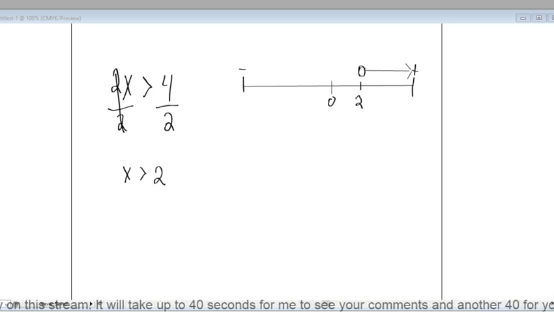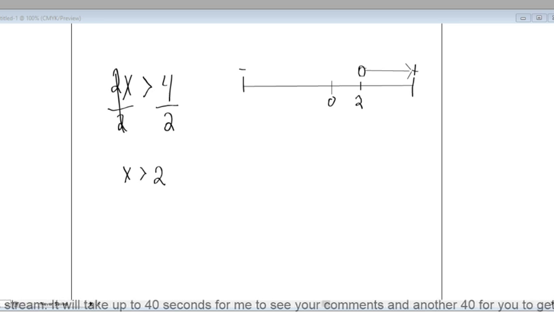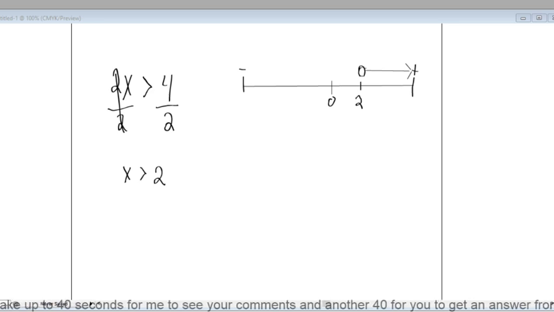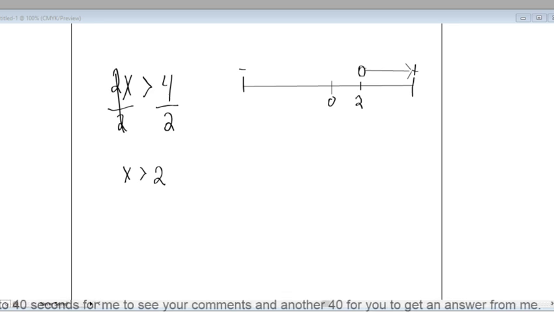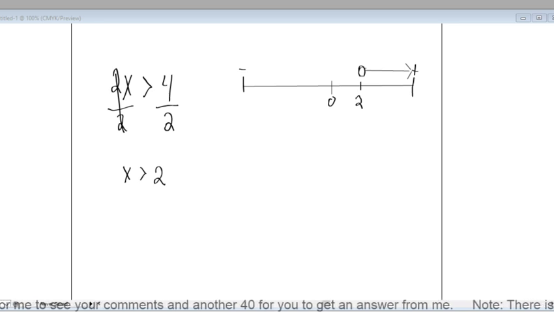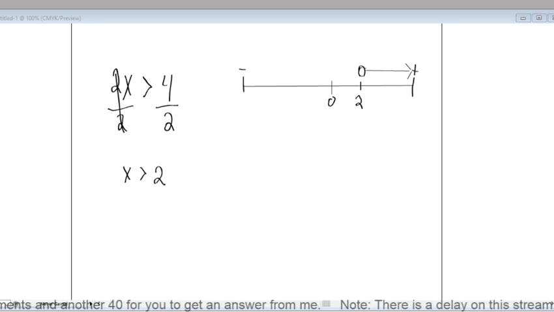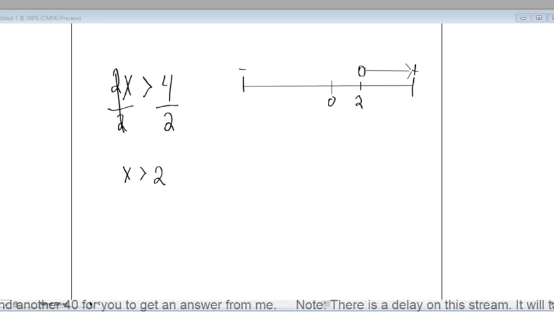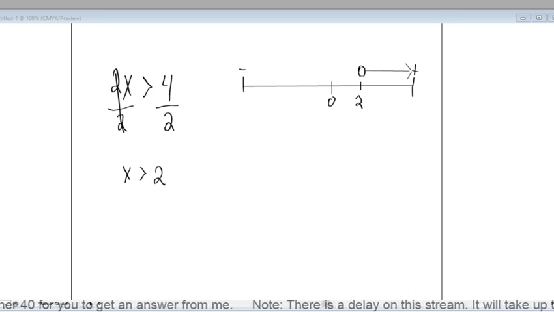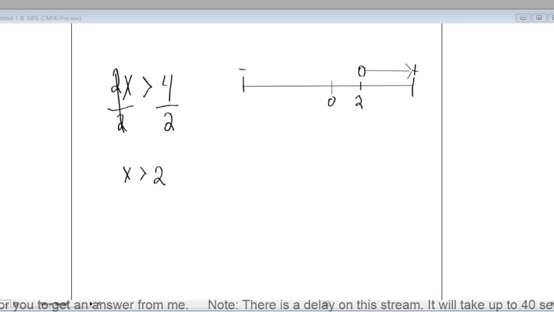That's not true. 4 is exactly equal to 4. So 2 can't be a solution. However, everything after 2 is perfectly fine. For instance, 2.0000000000001, yeah, that's fine. It is going to give us something bigger than 4 if we multiply by 2. So everything directly after this 2 is part of our solutions.